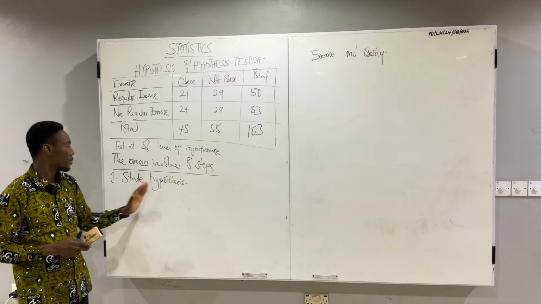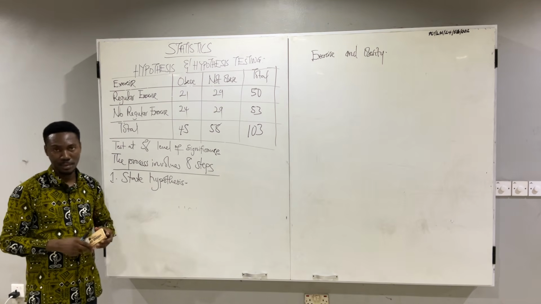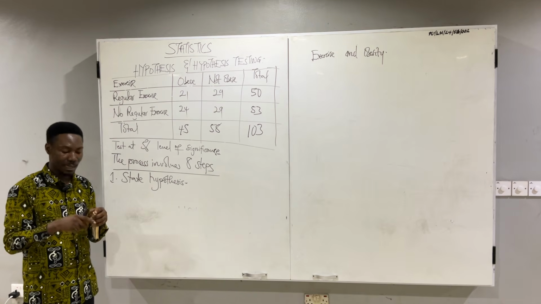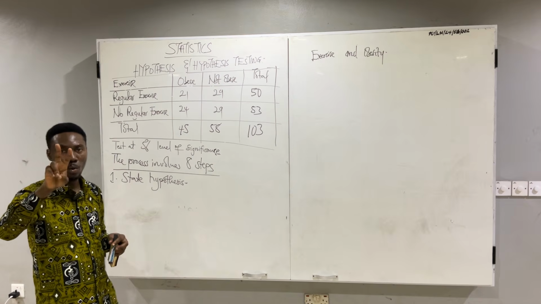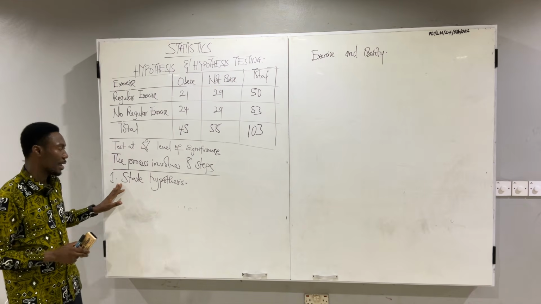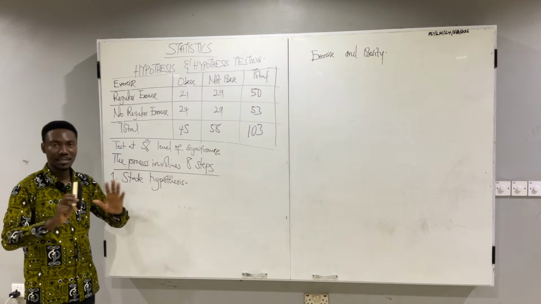The first step, we call it, you state your hypothesis. And remember, we learned that in hypothesis, you always have to state 2 hypotheses. So when you get over here, step 1 is very simple.